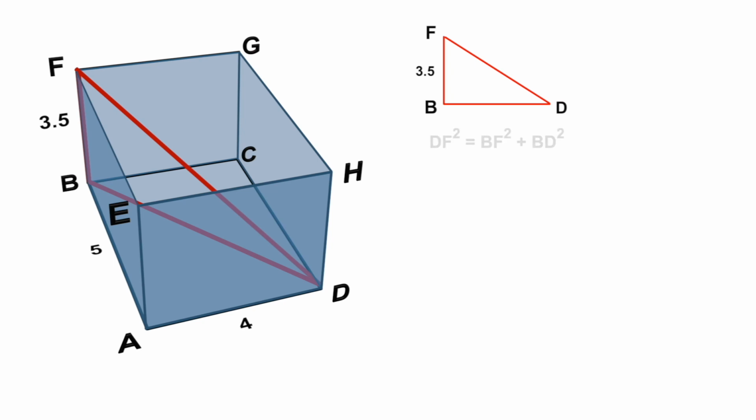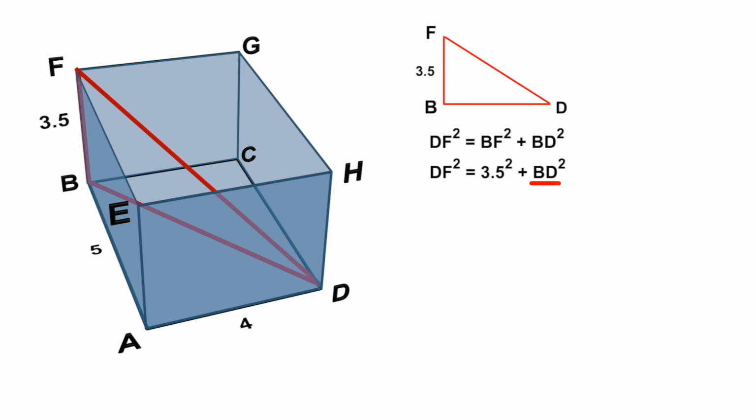Using Pythagoras, DF squared is equal to BF squared add BD squared. We know that BF is 3.5 units long, so DF squared is equal to 3.5 squared add BD squared. So we need to find the length BD.